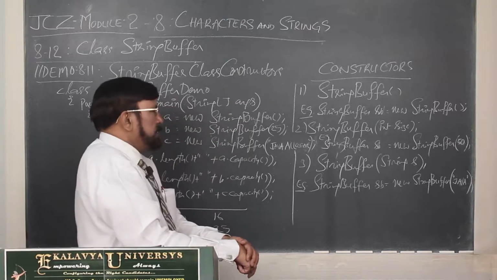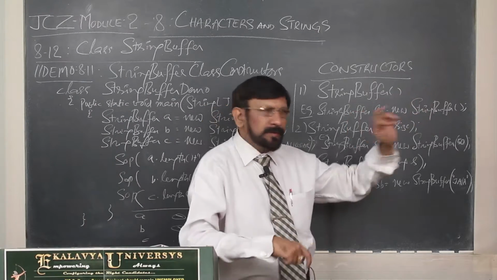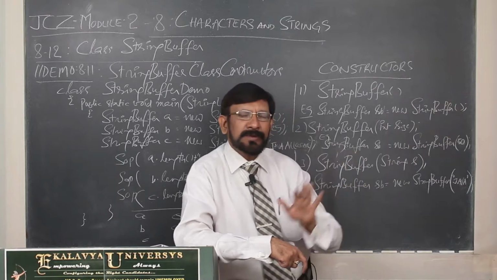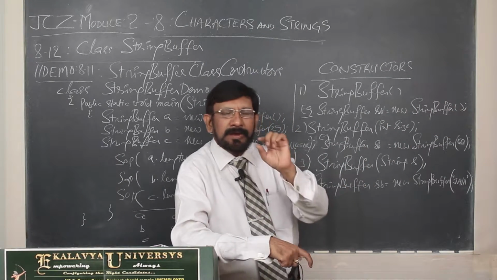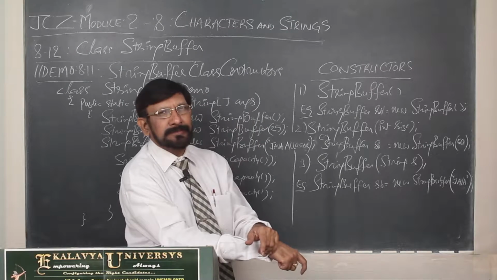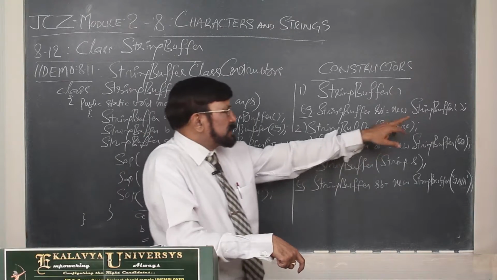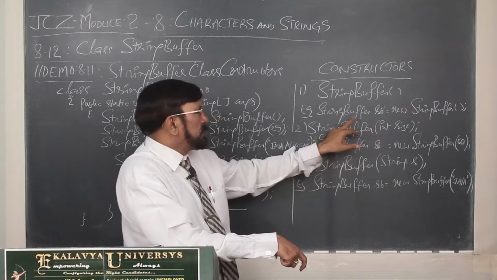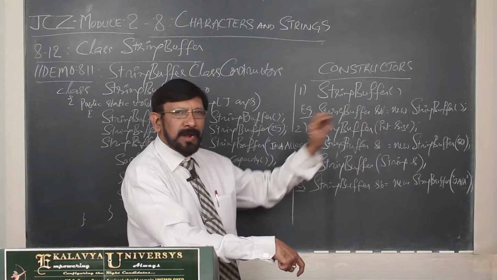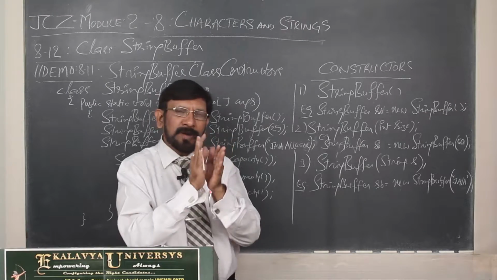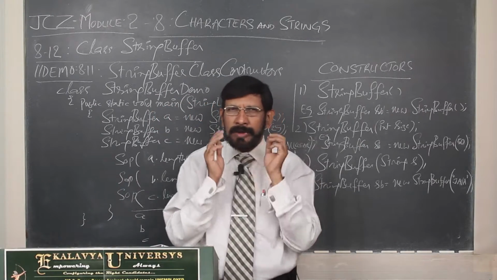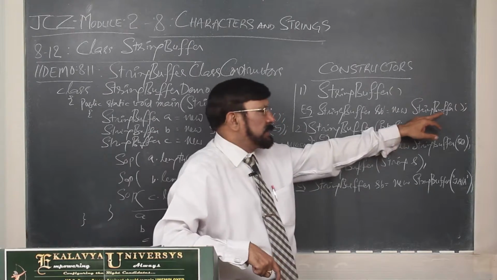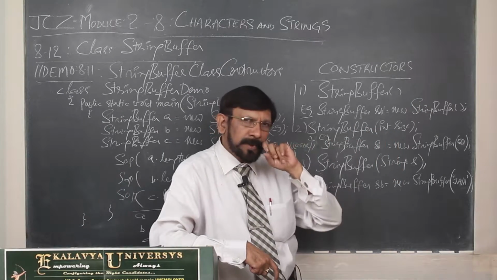In such a case we are not providing any size, so the default size is 16 characters. One StringBuffer object is created with 16 character capacity. If you do not specify the capacity, the default is 16, that you have to remember.